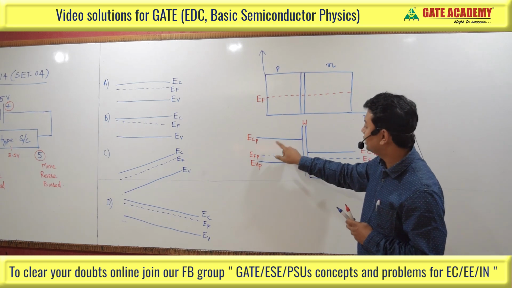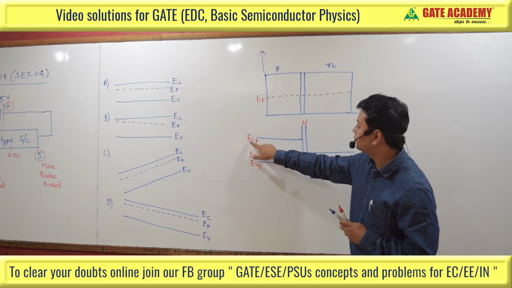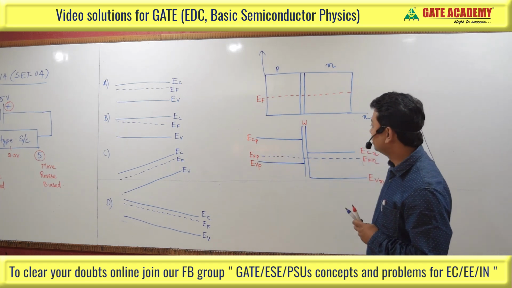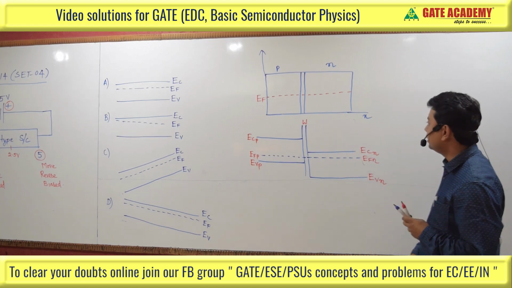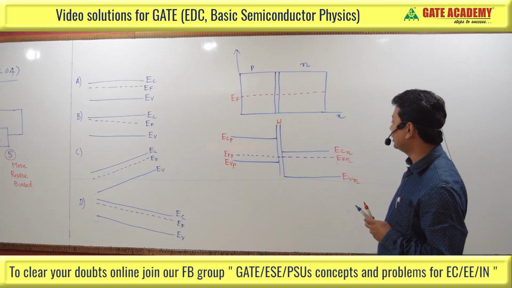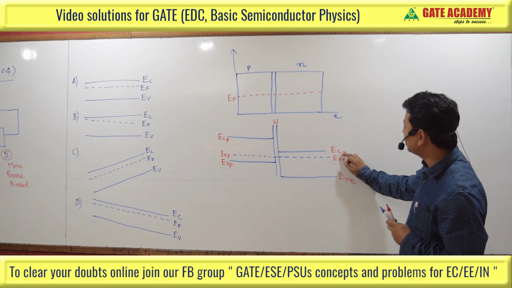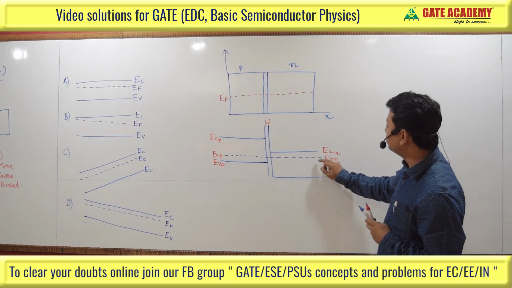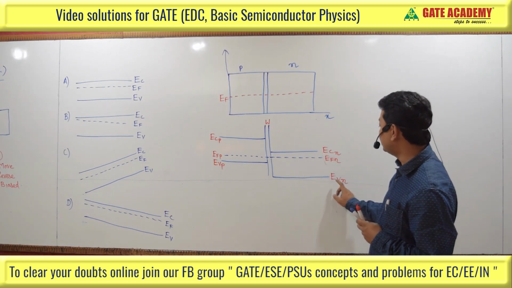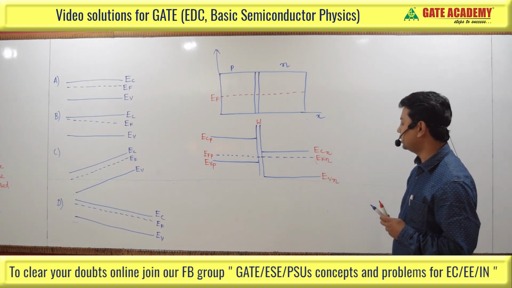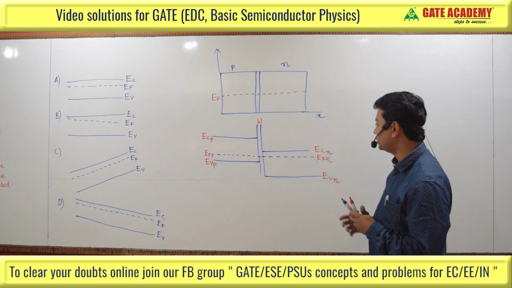According to this diagram, this is the lowest energy level of the conduction band, which is far away from the Fermi energy level. The same thing is drawn here, but here the lowest energy level of the conduction band is nearer to the Fermi energy level, and the highest energy level of the valence band is far away from this Fermi energy level. So we have the diagram in this way.